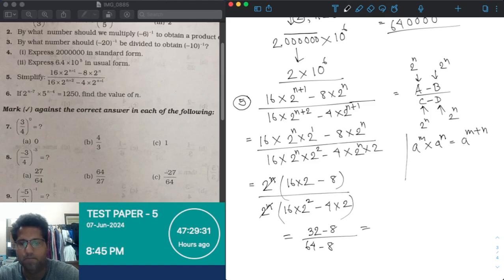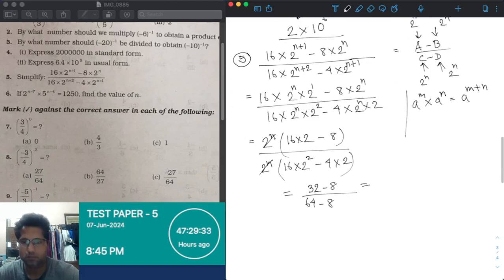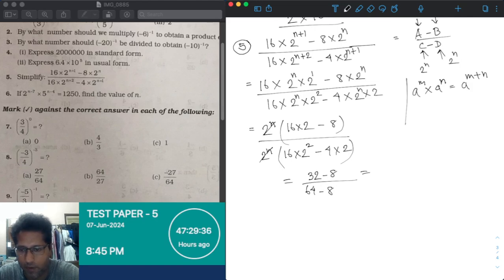This is 24 by 56. Now if I cancel out with 4, this is 6 by 14. So it will again be reduced: 6 and 14 are both divisible by 2, so this is 3 by 7. So the answer is 3 by 7. This is the simplified value.